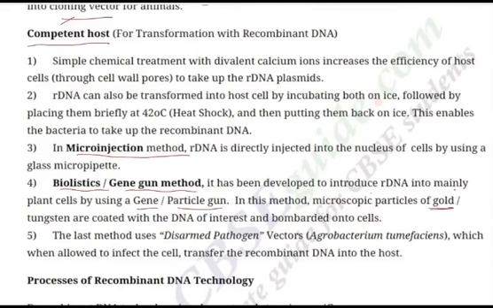In this method, microscopic particles of gold and tungsten, this is again your NEET exam, gold and tungsten, are coated with the DNA of interest and bombarded onto the cells. The last method uses disarmed pathogen vectors like Agrobacterium tumefaciens, which, when allowed to infect the cell, transfer the recombinant DNA into the host. So this is how we process the rDNA.